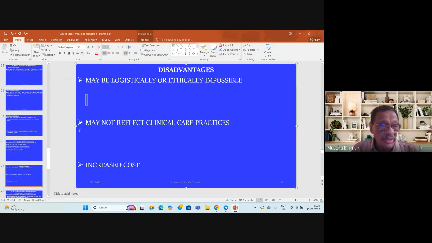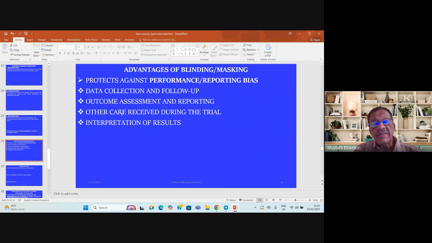The advantage of blinding is that it protects against performance and reporting bias, whether in data collection, in follow-up, in the outcome assessment of the trial, reporting of the outcome, other care received during the trial, or interpretation of the results.